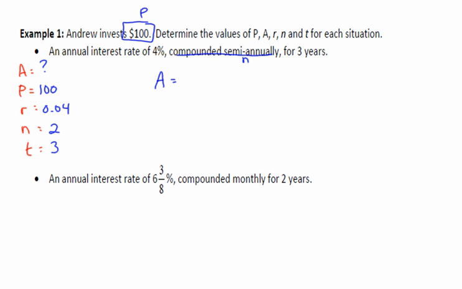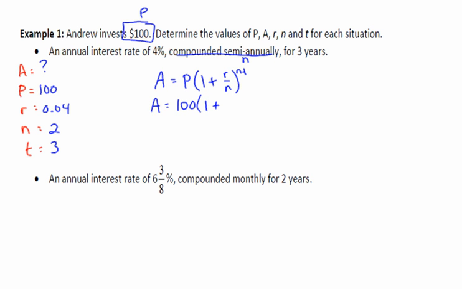Our formula is A equals P times 1 plus our rate over the number of compounds, to the power of N times T. You'll be able to plug in the numbers, and it becomes really natural after. So principal is 100 times 1 plus.